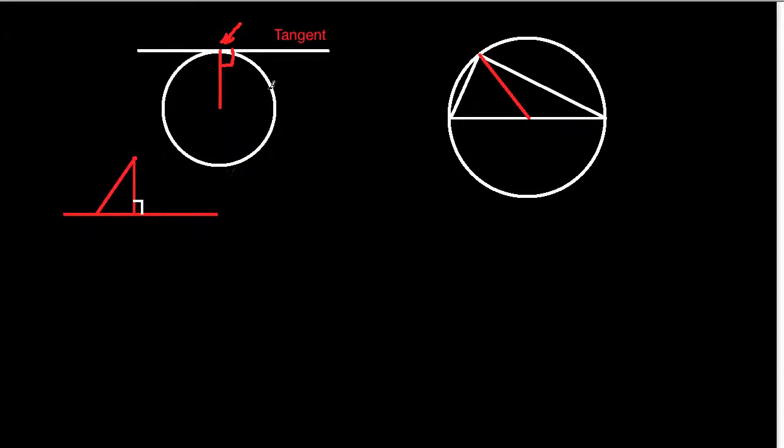Now a circle, we define it as all the points that are equal to the radius r away from the center. So all these points are exactly a distance r from the center. None of these points are closer or farther away than the distance r. So if we draw a line from the center of the circle to this tangent, the shortest line is not just any line like this, but always the line that comes down and meets it at 90 degrees.